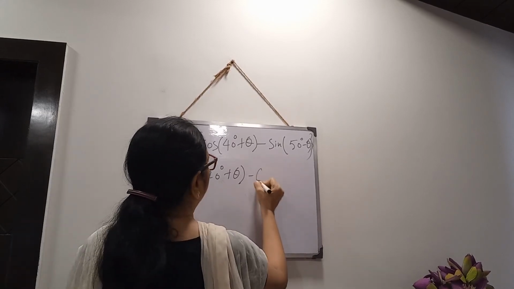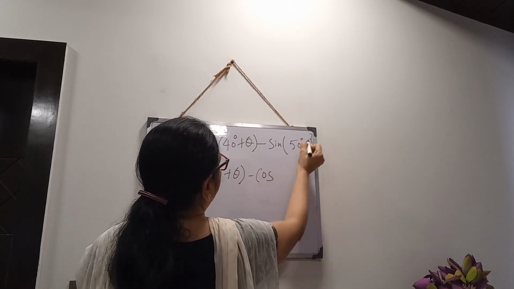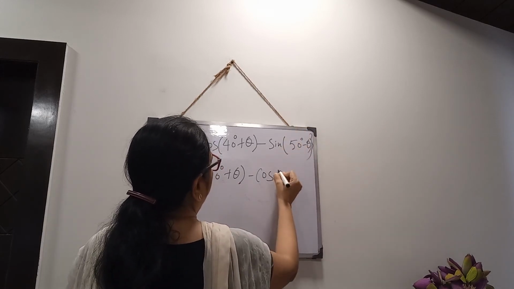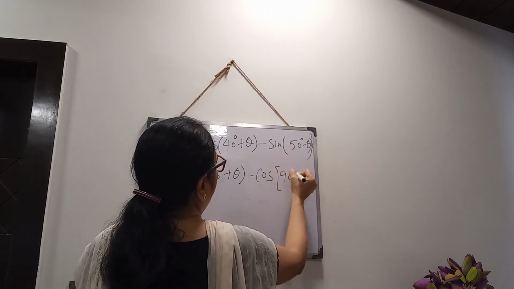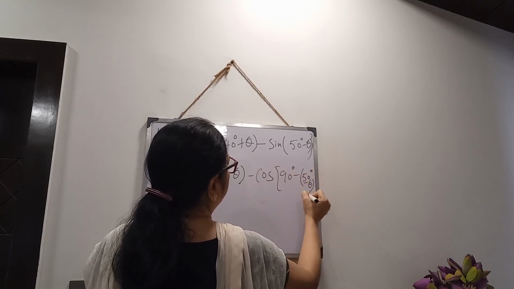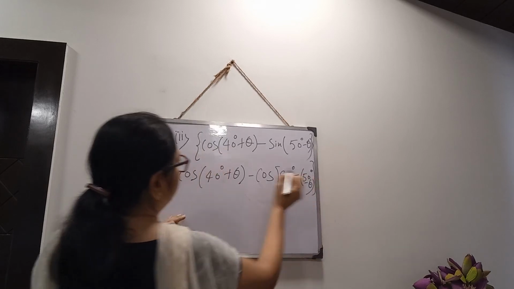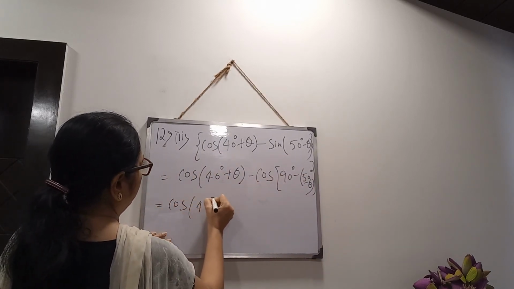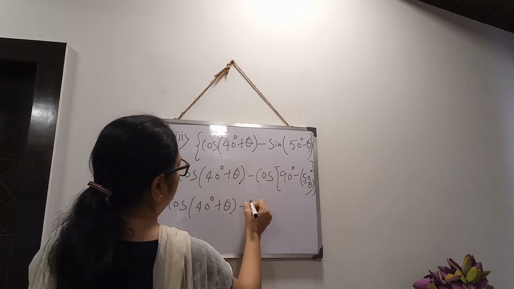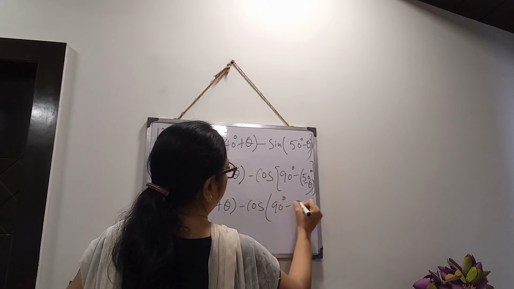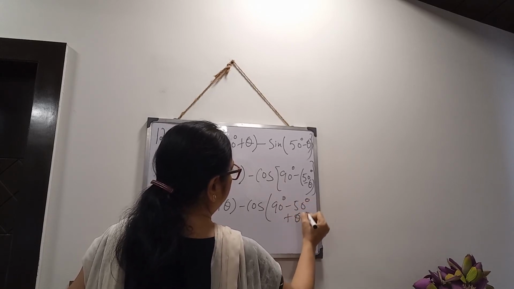This is the formula. So here in place of sin, you consider this as theta. In place of sin, I am writing cos(90 minus theta), where theta means 50 plus theta. So here cos(40 degree plus theta) minus cos, open the bracket, 90 minus (50 plus theta).